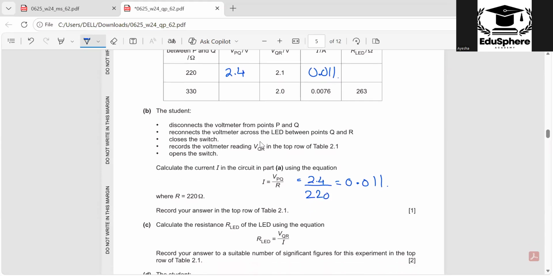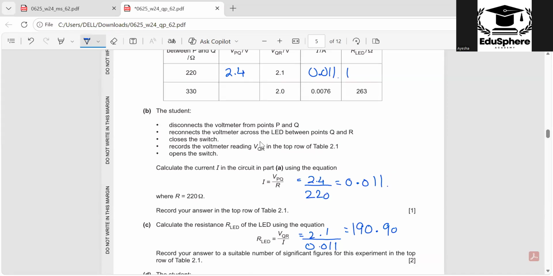Now calculate the resistance RLED using this equation. We have to take VQR, which is 2.1, divided by the current that we have already calculated, which is 0.011. So we divide 2.1 by 0.011 and we get 190.9.